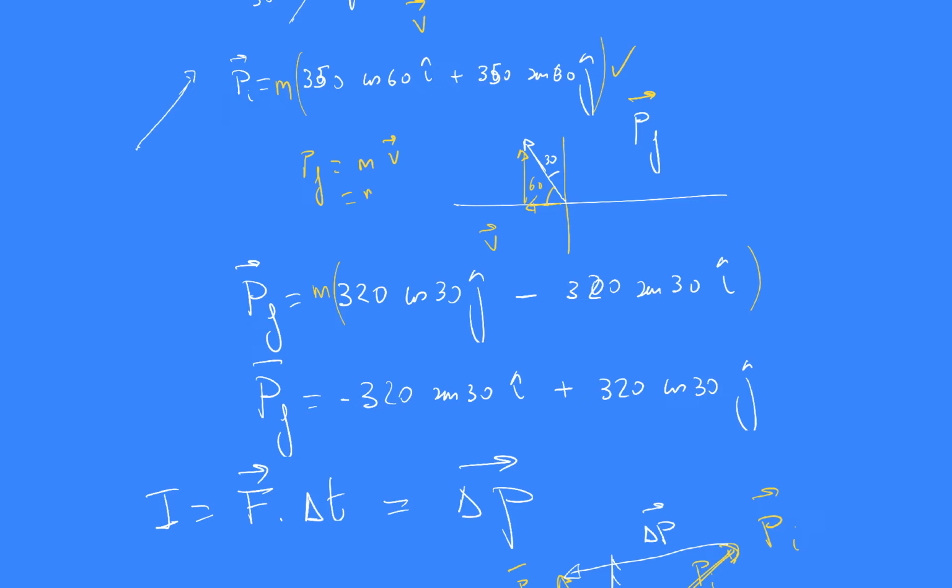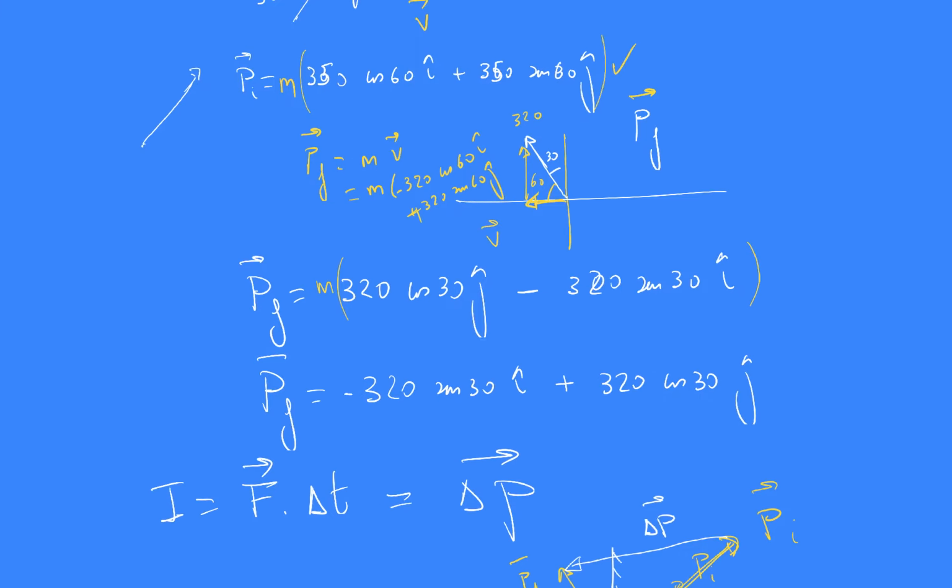And the vector velocity is the vector that has the magnitude 320. So it will be 320 cosine of 60 in the i direction, but negative because it's going to the left, plus 320 sine of 60 in the positive j direction. This is the vector PF, m times vf.